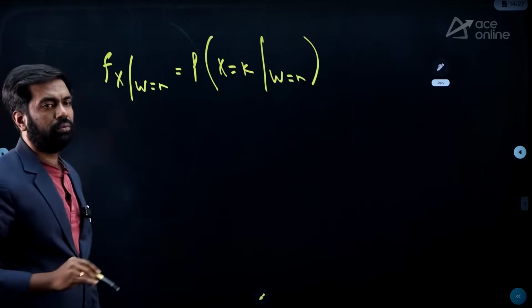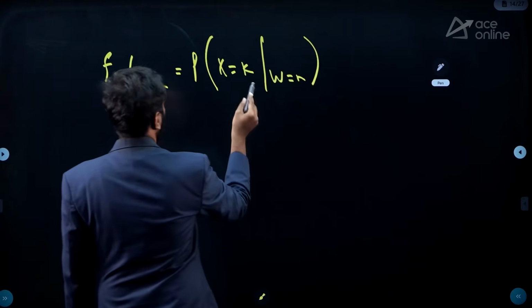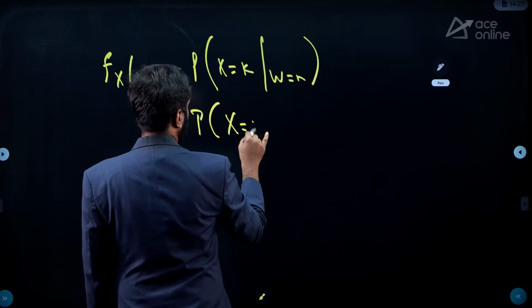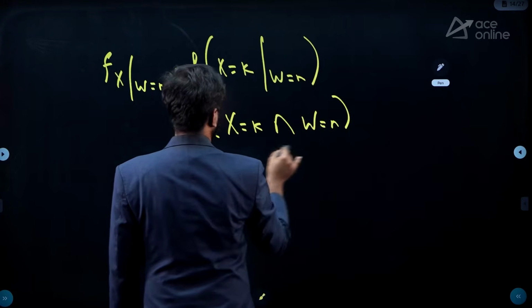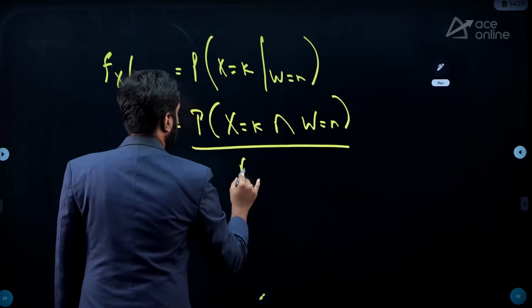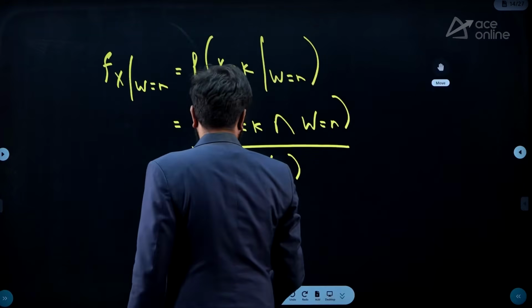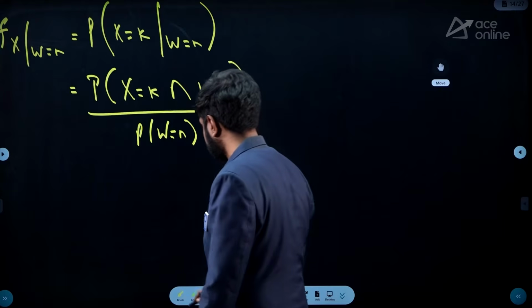This is how the conditional PMF is defined. This is clearly a conditional probability. You can also write this as the probability of x equal to k intersection w equal to n, divided by the probability of w equal to n. The next thing is to simplify this properly.